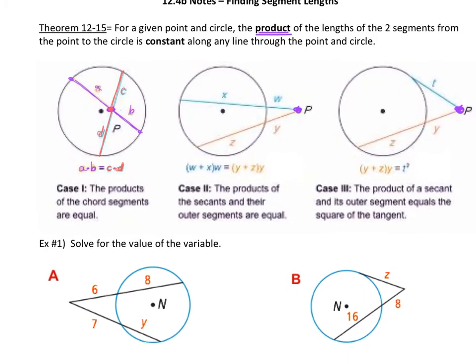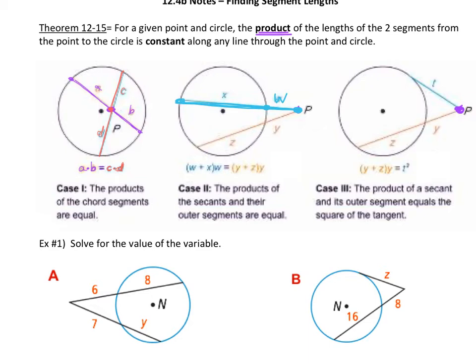But the formula does look way different because your point of intersection now is outside the circle. So what they're saying is if you go from the point to the circle, you'd hit here, right? That is a length of W. But then if you go from the point to the other side of the circle, what is that length?